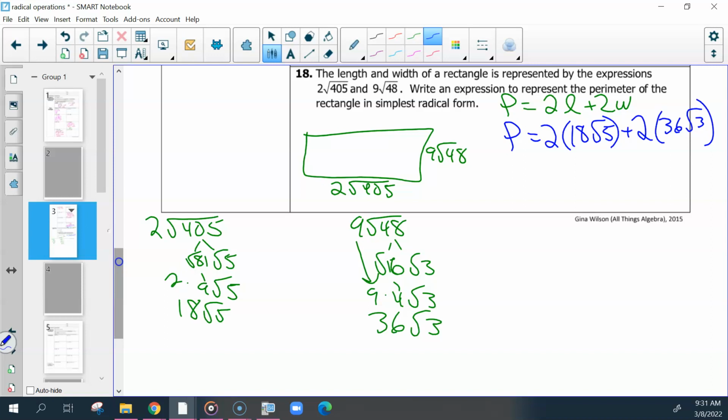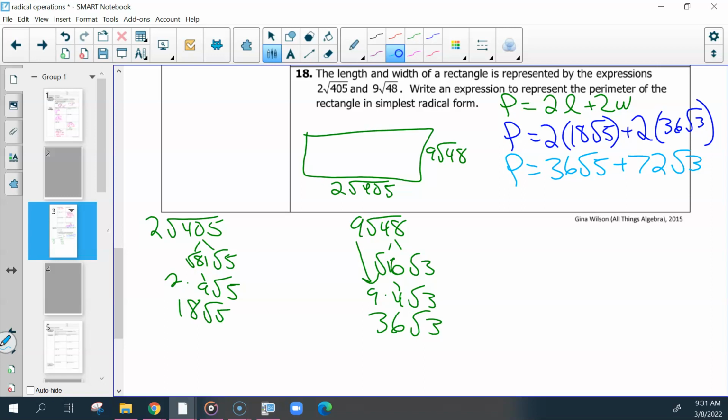So when we multiply this, 2 times 18 would give us 36. 2 times 36 would give us 72. We can't combine these anymore because they have different radicands. So that would be our perimeter.